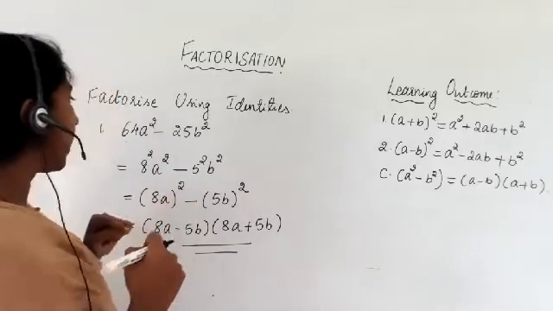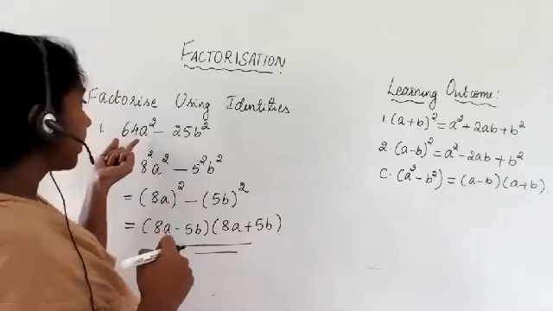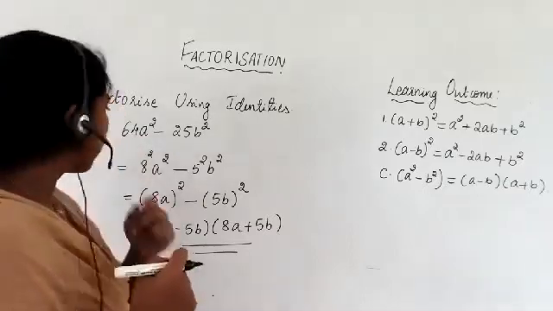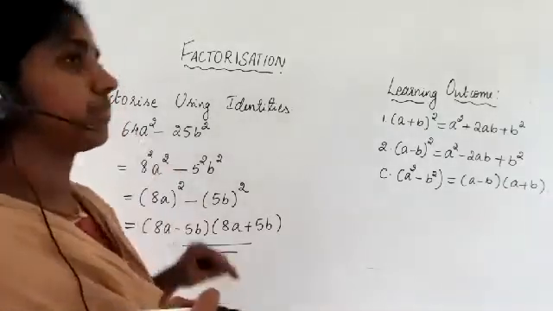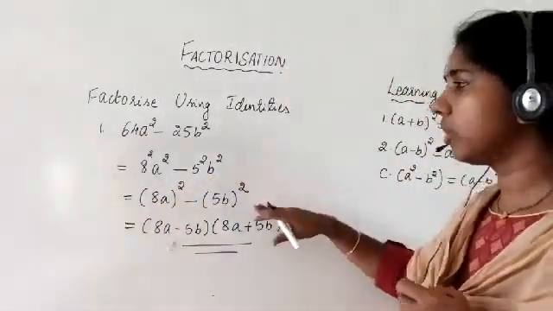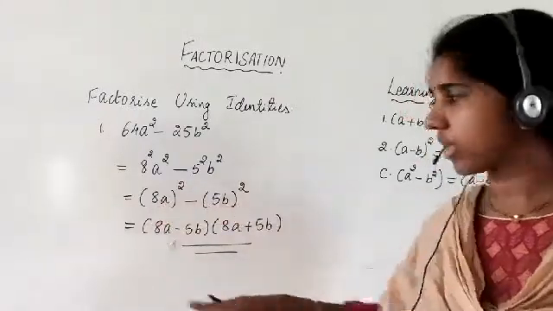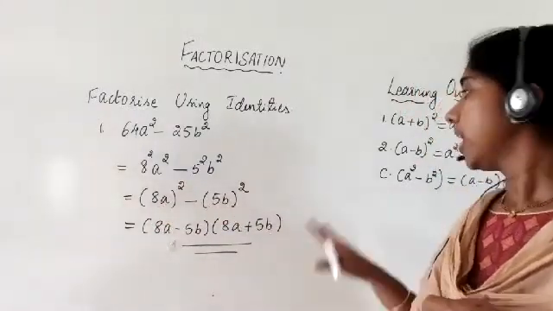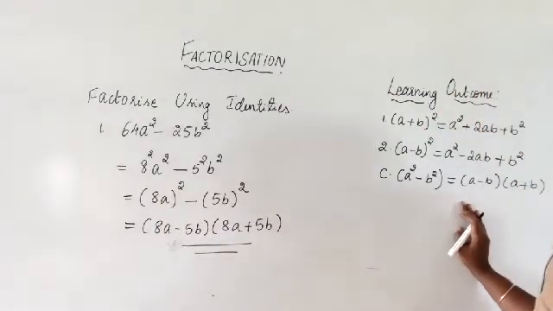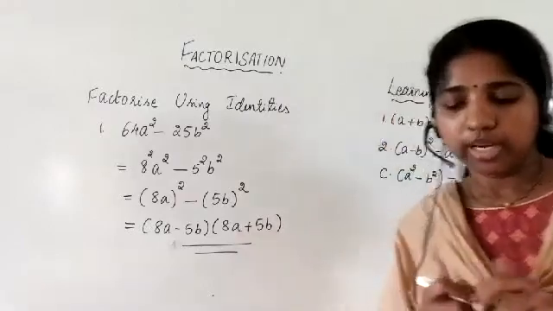So what did we have to do? We had to find the exponent form of 64, that is 8 square. Then we used the exponent rule and simplified it as (8a) square minus (5b) the whole square, and then used the algebraic identity a square minus b square equals (a minus b) into (a plus b).